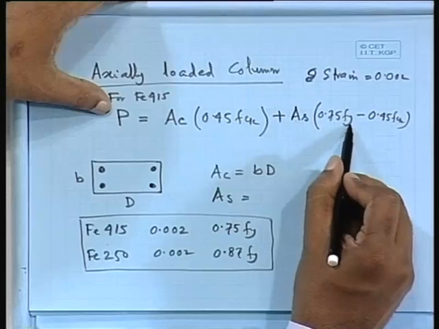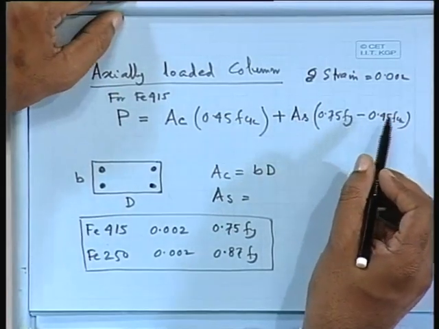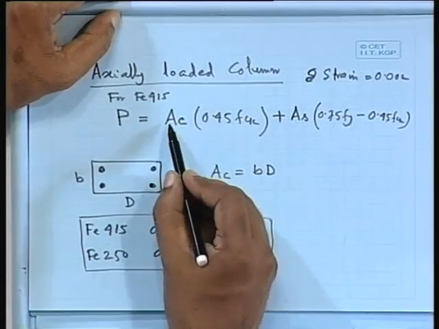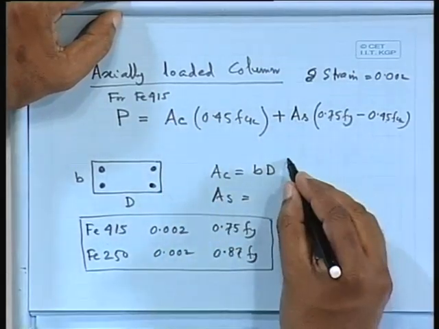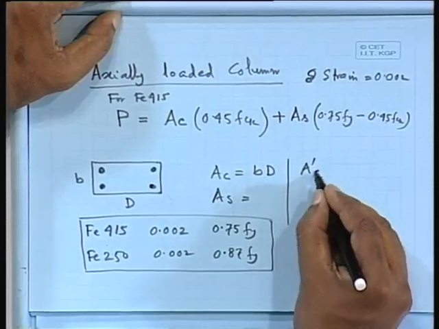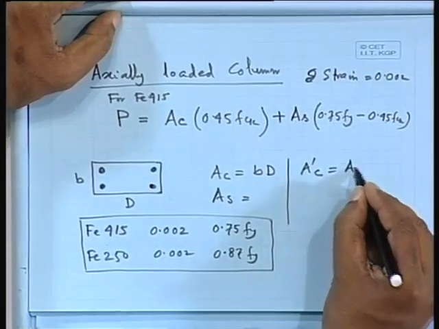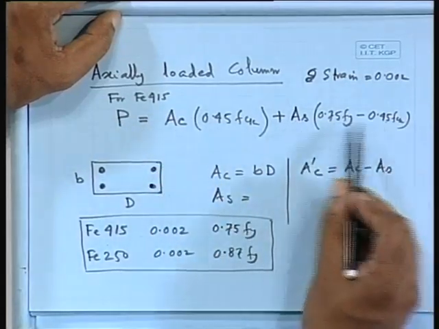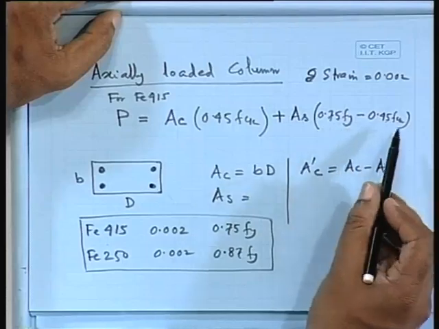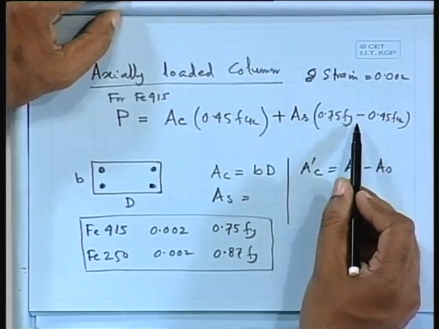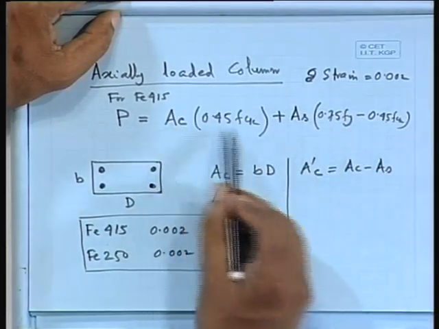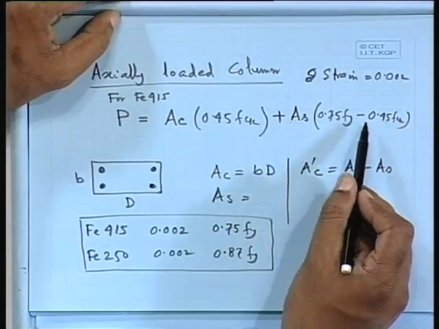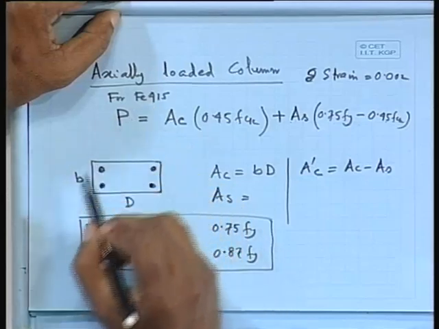Area of steel times 0.75 fy minus 0.45 fck, because we have already taken that for concrete. Either you can do it like this, or A'c equal to Ac minus As. That way also we can do it; in that case I need not subtract it here. But the other way, Ac times 0.45 fck plus As times (0.75 fy minus 0.45 fck) for Fe415. Okay.